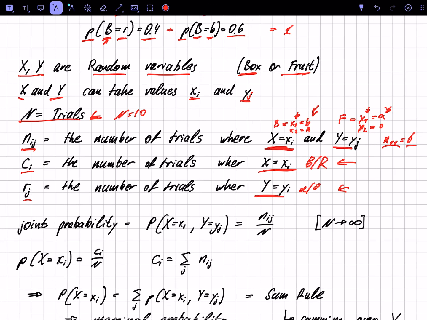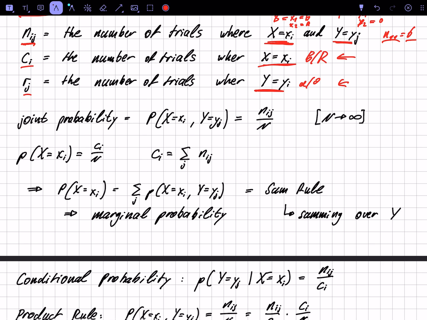And now we come to the topic of the joint probability. So the joint probability is written as P(X = x_i, Y = y_j), and we have this semicolon. And this is defined as the number of times a specific event occurred.